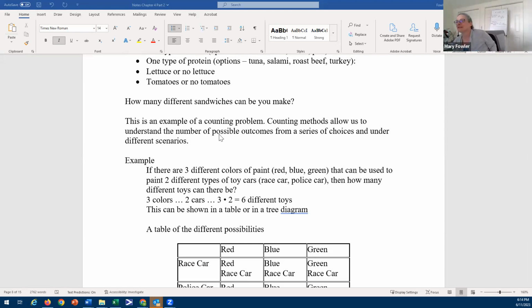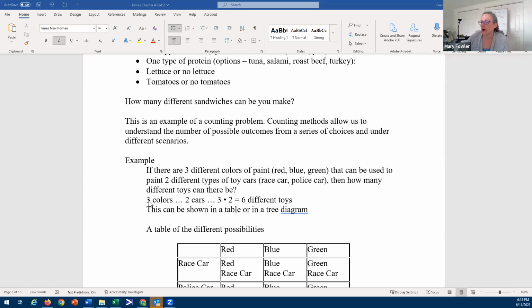So in this next example, we have 3 kinds of paint and 2 types of toy cars. What the child has to do is choose one color of paint and one type of car. If there are 3 different colors of paint, red, blue, and green, that can be used to paint 2 types of toy cars, race car or police car, then how many different toys can there be?